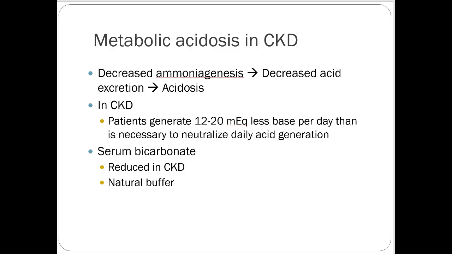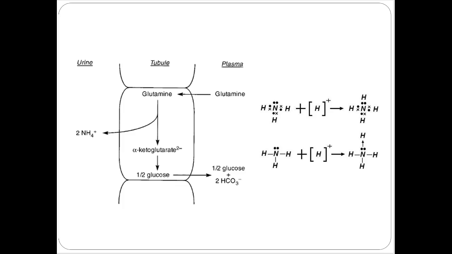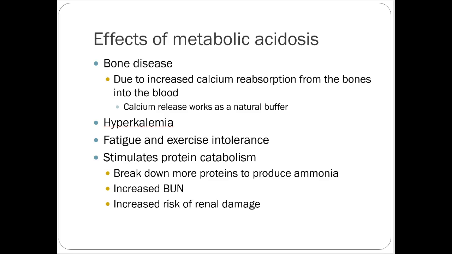So CKD patients are generally going to generate less base per day than a normal person, so they can't neutralize all of that acid. Serum bicarb is going to be lower in a CKD patient, and that's representative of our natural buffer system and how healthy it is. In case you want a diagram for how the ammonia system works to buffer, there you go.